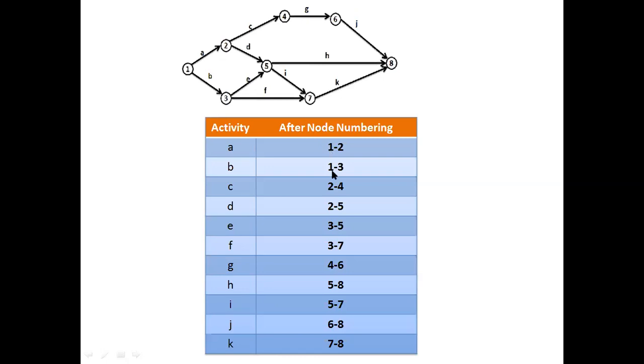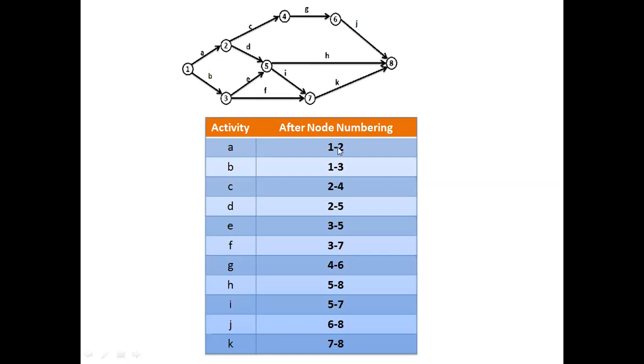Again, you can consider 2 to 4 and 2 to 5 also. These two activities will start at the same time from the same event. They are having the same start event, and these two are the concurrent activities. Then 3 to 5, 3 to 7 are also the same.